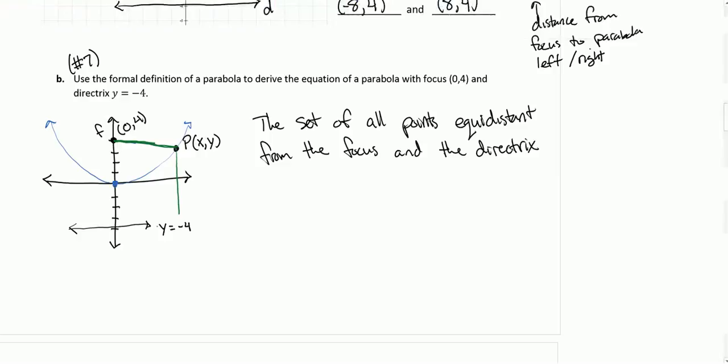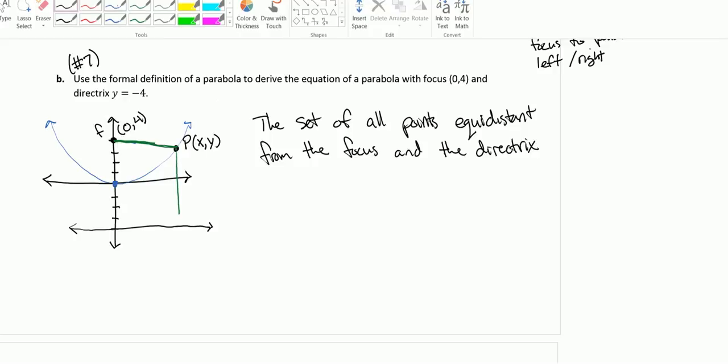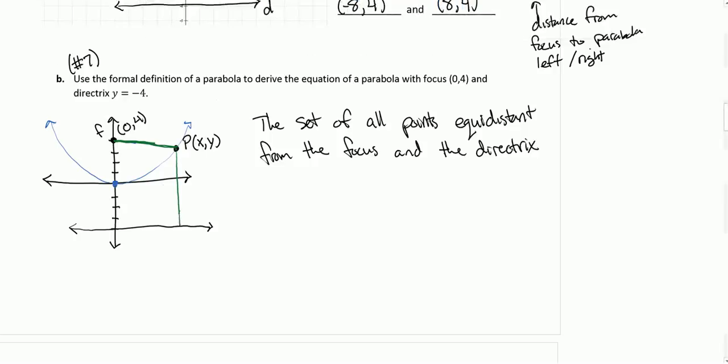So let me redraw this so that it extends a little further. And so here, right there, that's on the directrix. The directrix is the line y equals -4.